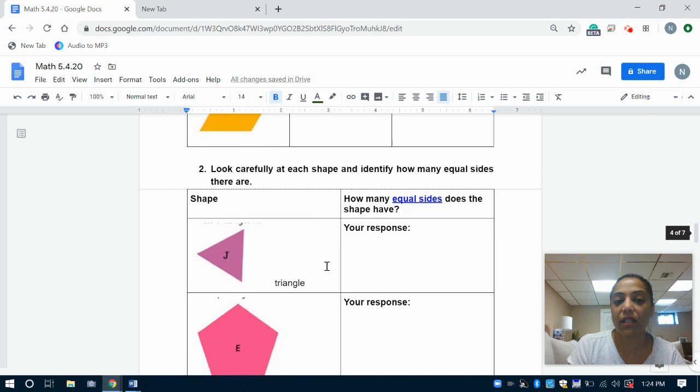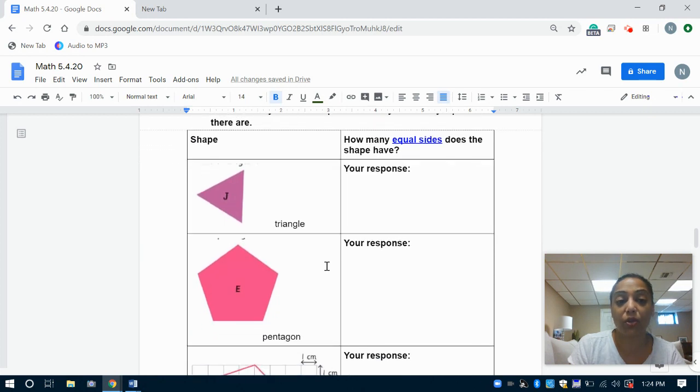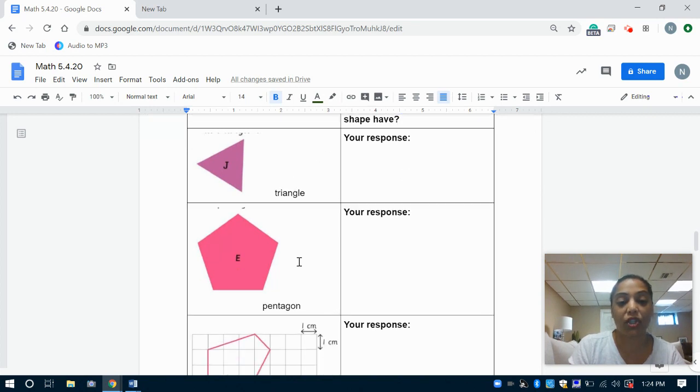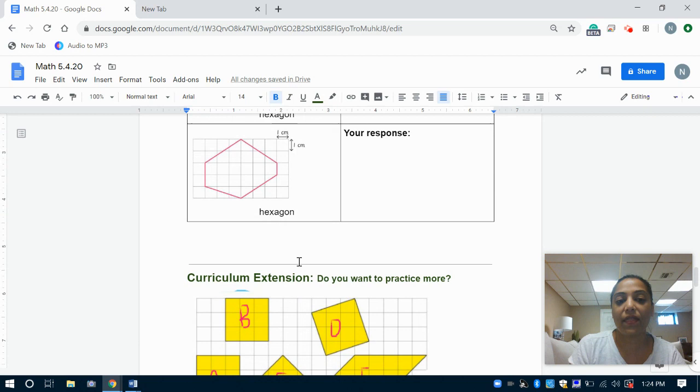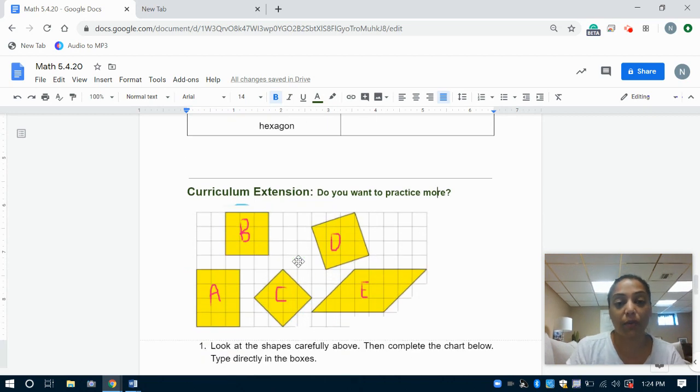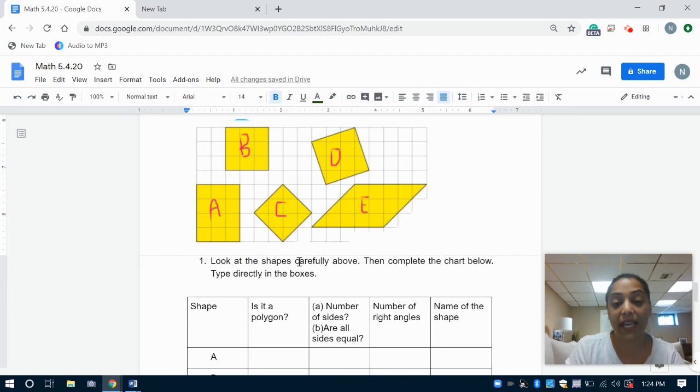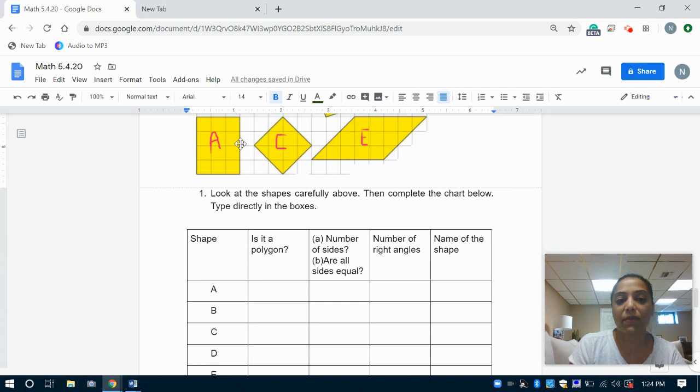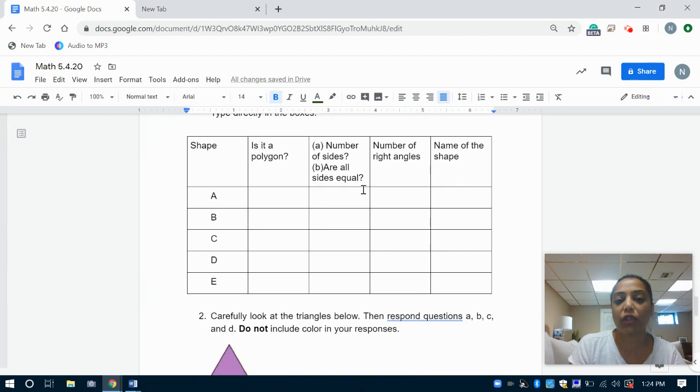Number 2 is asking you to do something similar, except this time we're just looking at equal sides. Identify how many equal sides each shape has. And for the curriculum extension, if you want to practice some more, which I always think is a great idea, look at the shapes above and see if you can fill the chart in. Ask yourself, is it a polygon?